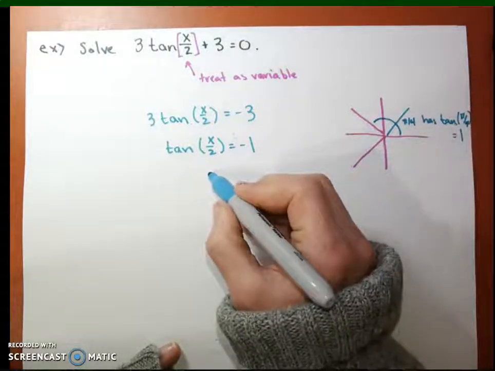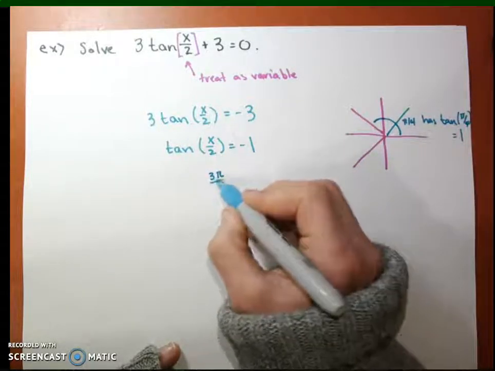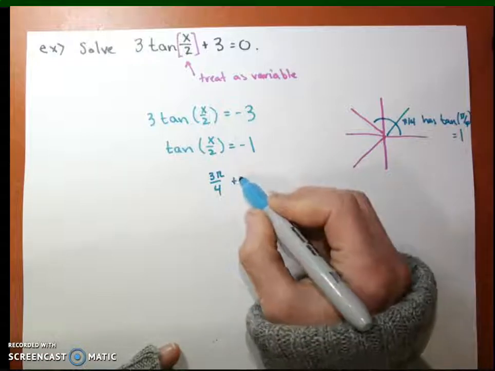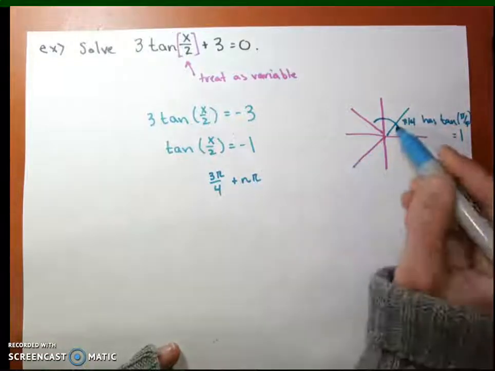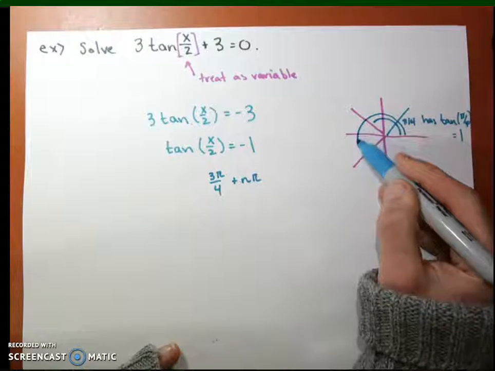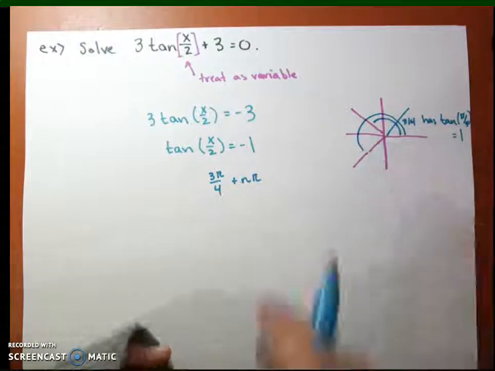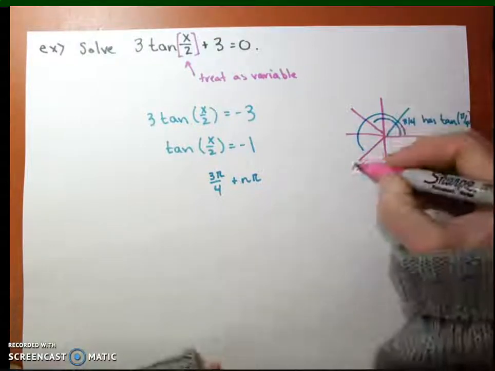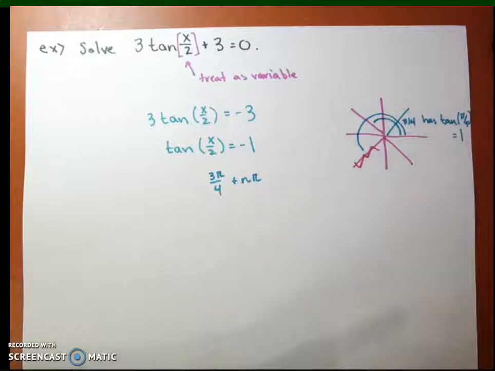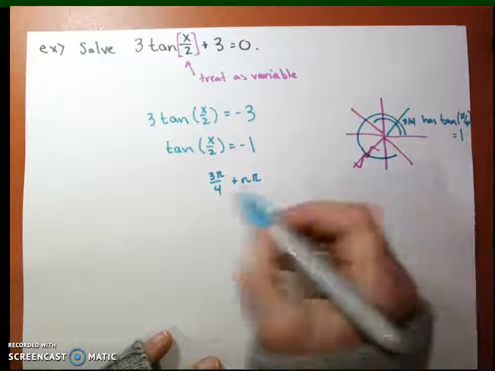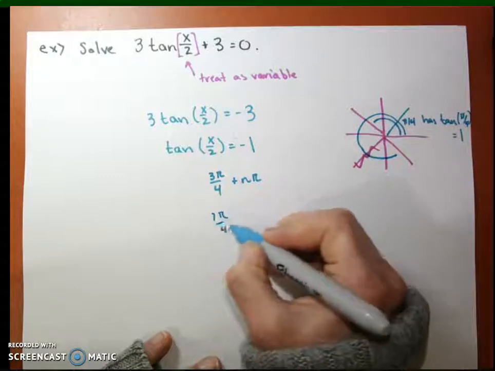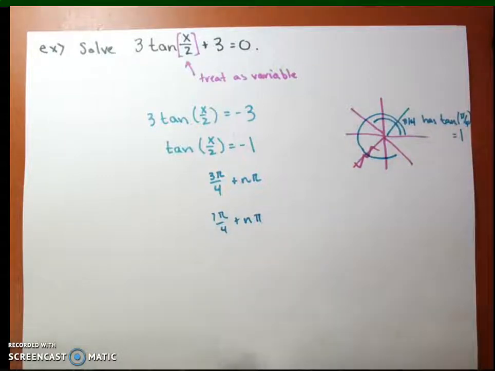So one solution is 3 pi over 4 plus multiples of pi. Another solution would be, tan is negative, not in quadrant 3, but in quadrant 4. So our other solution would be 7 pi over 4 plus multiples of pi.